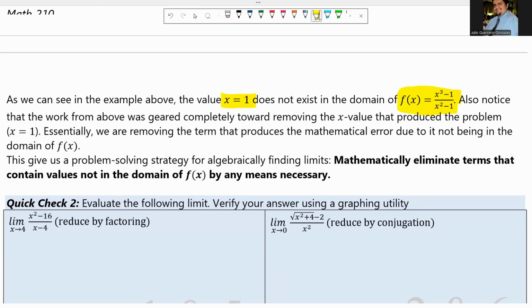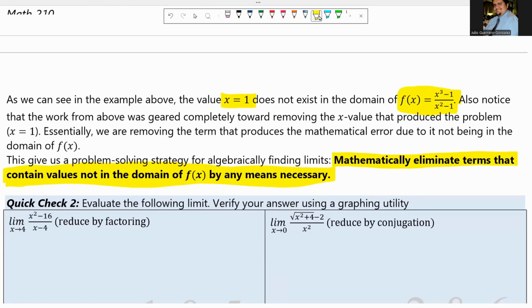So the game plan here, and this is the case for any one of these limit problems where the value does not work just by plugging it in, is that we need to mathematically eliminate the terms that contain that value that are not in the domain. We can do that by any means necessary, absent throwing it completely out.